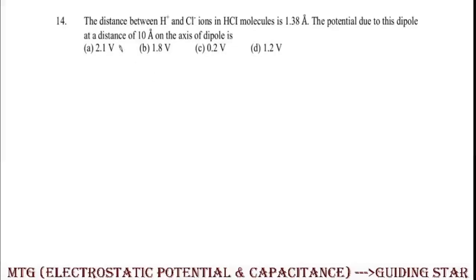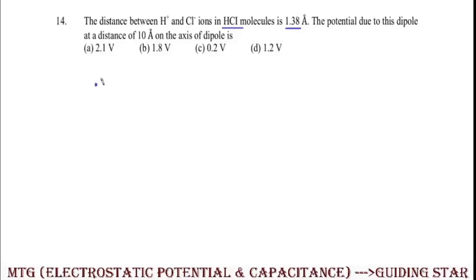Okay, here in question number 14, the distance between H plus and Cl minus ion in HCl molecule is 1.38 angstrom. We know that HCl molecule forms a dipole system. Here both H plus and Cl minus will be separated by some distance, 1.38 angstrom.